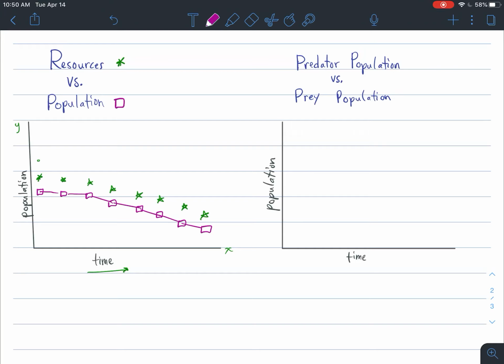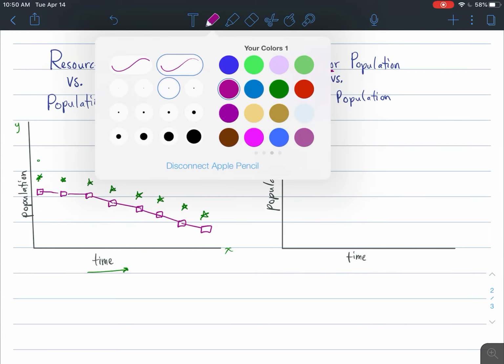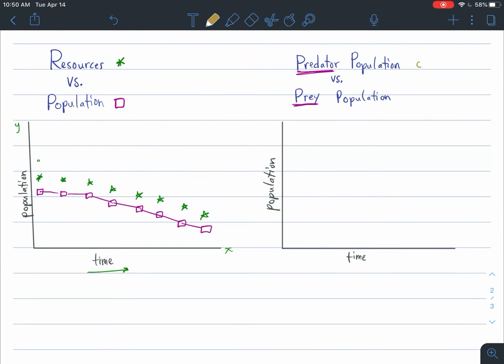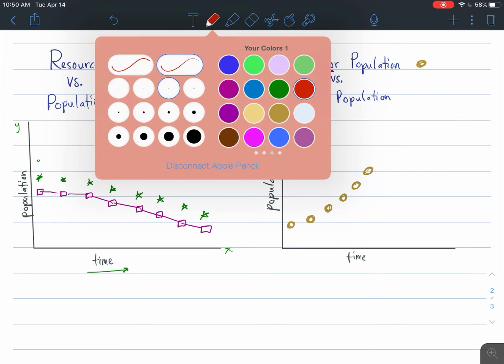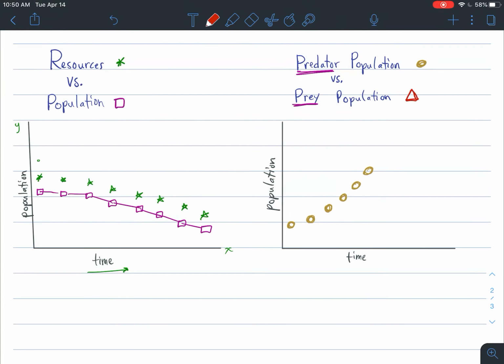All right, let's look at the difference then in the interaction between predator and prey populations. So let's say that we have bunnies, and I'm going to use a circle here to show a bunny's population. Let's say that we start with just a few bunnies, and those bunnies start to reproduce. So we have more and more bunnies in our population. Let's show the number of coyotes then, and we'll do coyotes in a triangle.